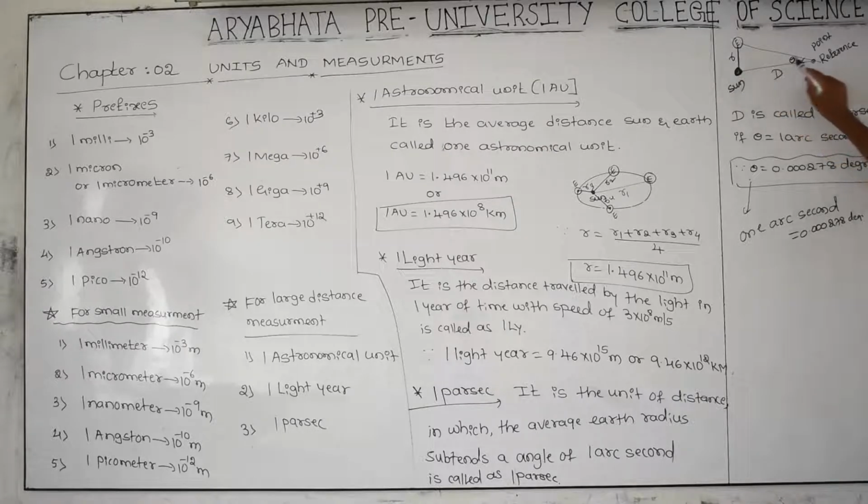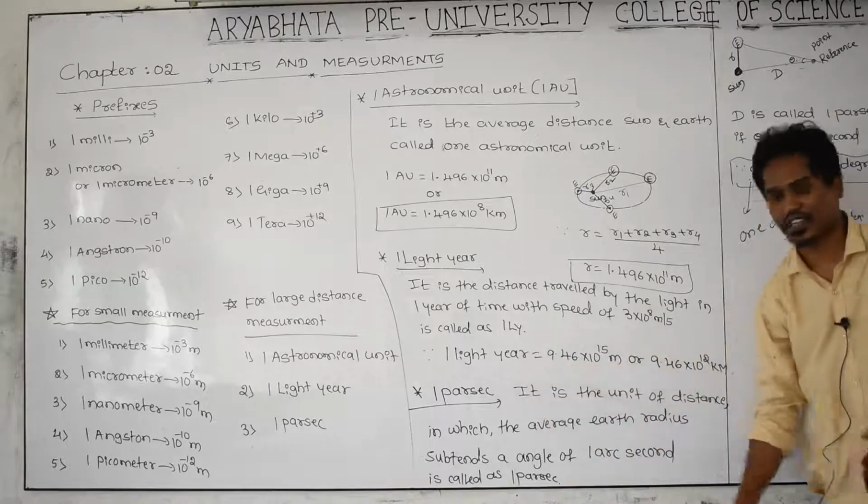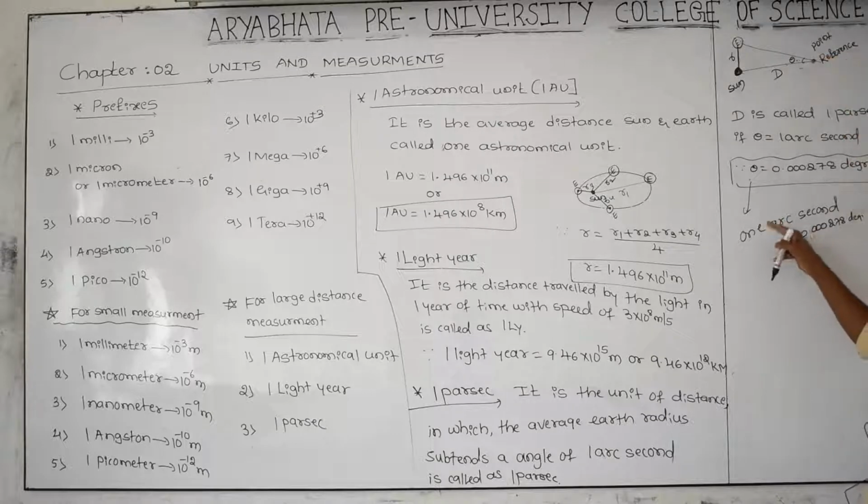The line indicates the distance between sun and this point, and the line indicating the distance between earth and this point. If the theta value between these two lines is 0.00278 degree, it is called 1 arc second. Exactly when this angle is 1 arc second, this distance we are going to call 1 parsec. 1 parsec is the distance between sun and a reference point when this angle is equal to 1 arc second. 1 arc second means 0.00278 degree.